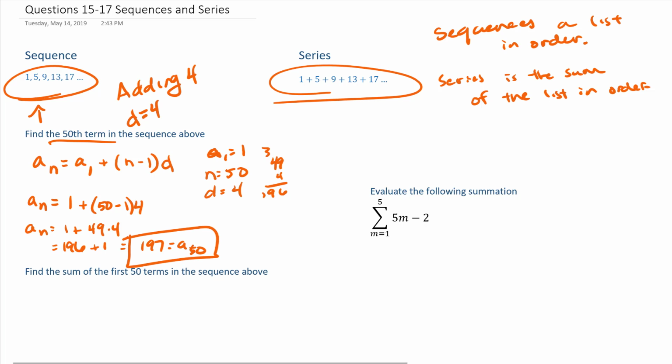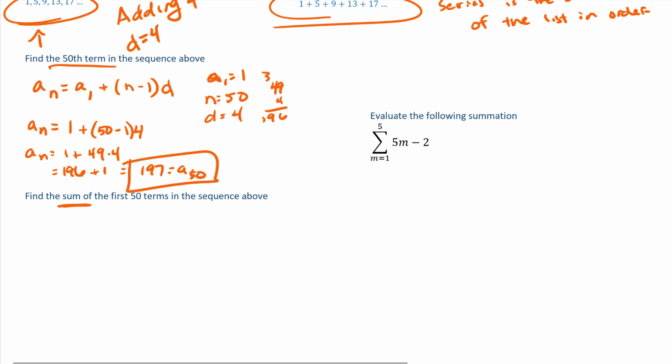Okay? So what about finding the sum, or working with a series? Well, since this is an arithmetic series, the sum of that series is going to be our first term plus our last term that we want to add up. We divide that all by 2, and then we multiply it by the number of terms that we have. So I already have a sub 1. That was 1.